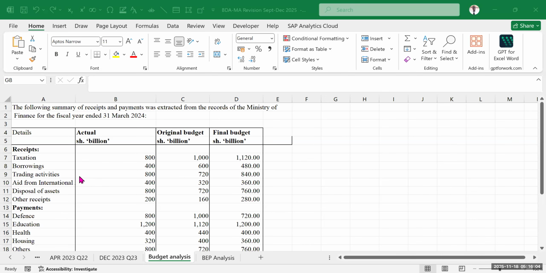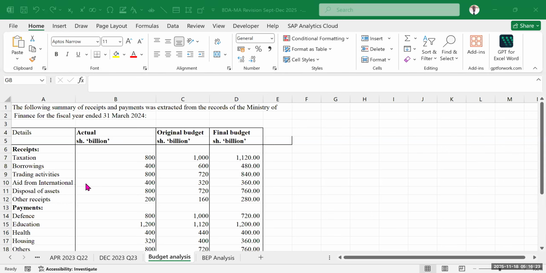So, with the details, as we have read the information of the summary, we have the receipts there for the three categories of budgets. We have the actual, original, and final budgets. Amount is in billions.